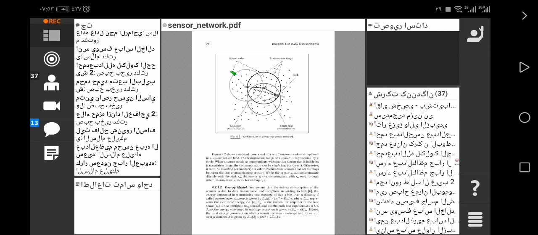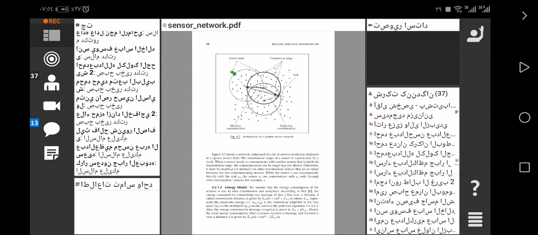If we have k bits to transmit, k E electronic is the term for driving the circuit, and epsilon k d power alpha is the term for sending k bits to distance d meters. Alpha is between 2 and 4, and epsilon can be epsilon free space or epsilon multipath. It depends on the environment.